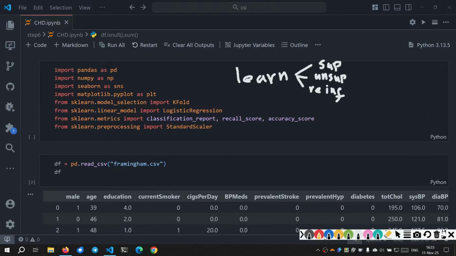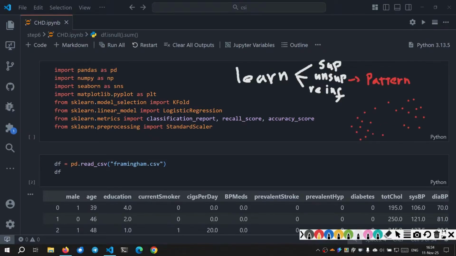We have another type of learning which is unsupervised. This is particularly good for finding patterns in data. Take this for example. You have a bunch of data scattered all over the place, and you don't have any labels for them.